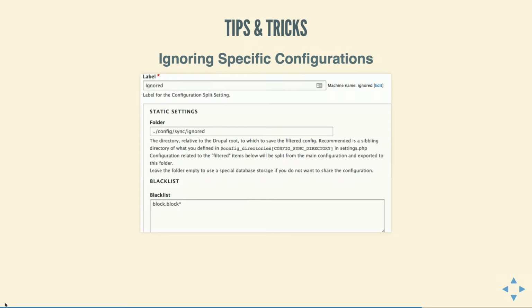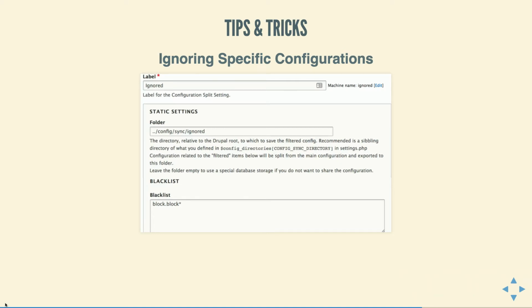All right. So I also had this concept of a way to ignore certain configurations. Specifically with things like block placement, that is considered configuration, although it's really strict of you to say, okay, content editor, you can never change the order of the blocks on your site. In practice, I think most clients aren't going to like that, or most owners of a site.